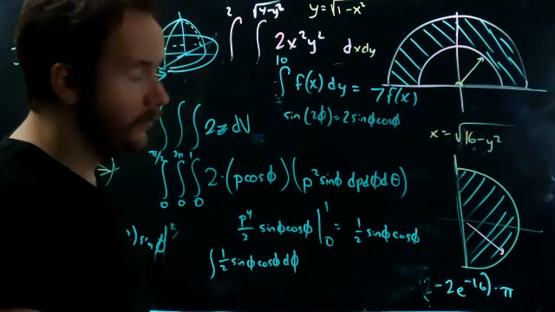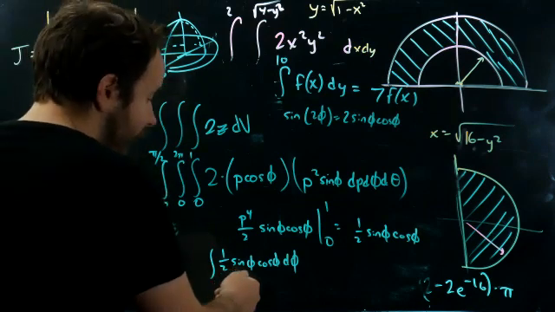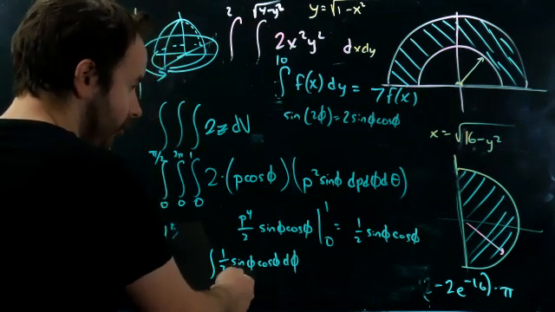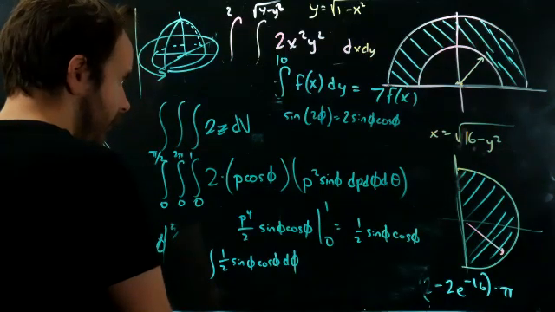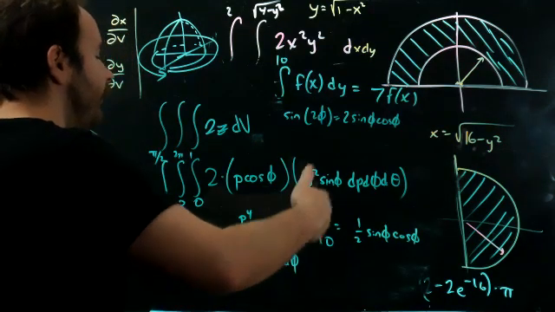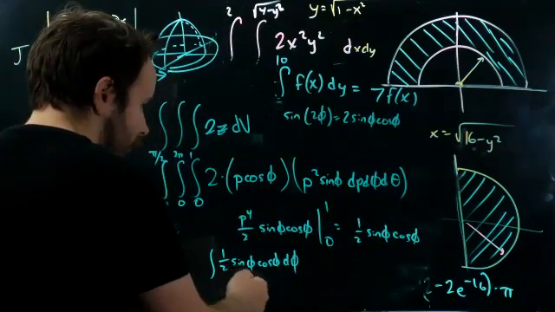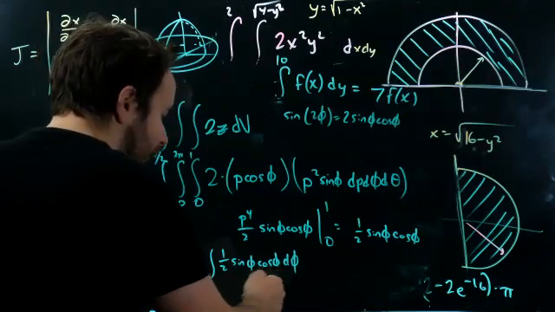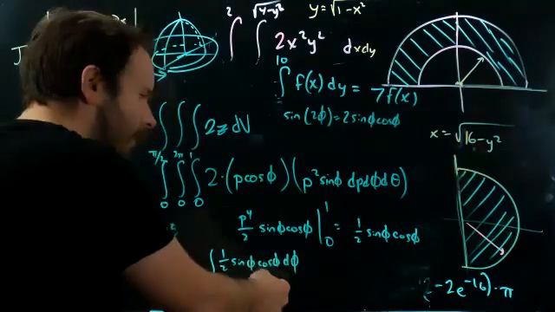You just told me that u is sine phi. So what's du? Cosine phi d phi. Okay, so this would be u. And this would be du. There you go. That's what I'm trying to say.